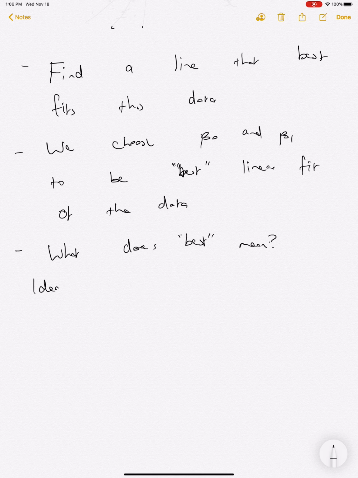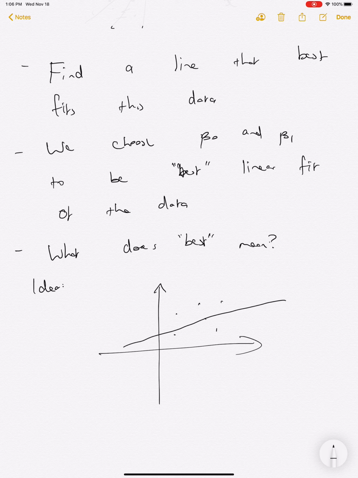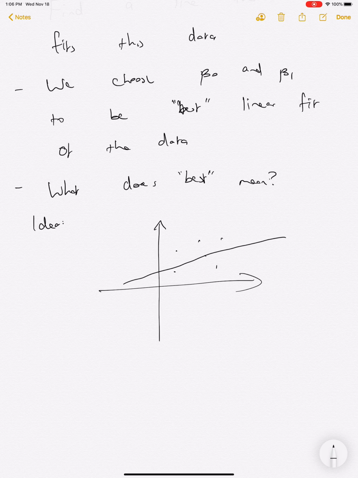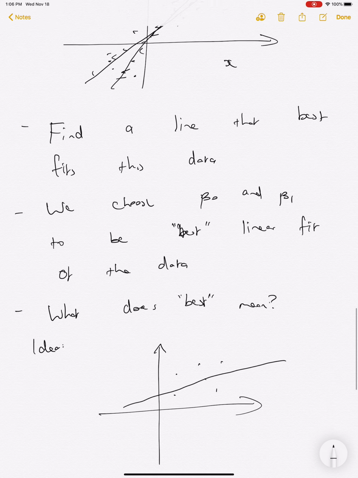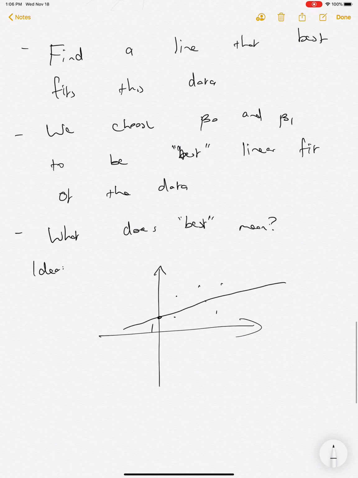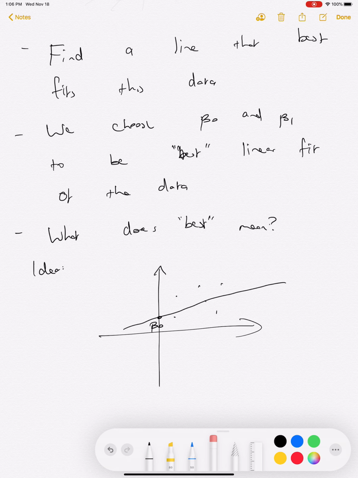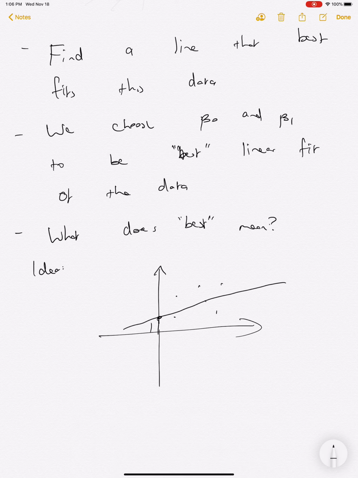I'm going to draw another one with fewer data points to see what it might look like. We can choose any line we like through beta 0 and beta 1. Beta 0 is the intercept term here, and beta 1 is the gradient.